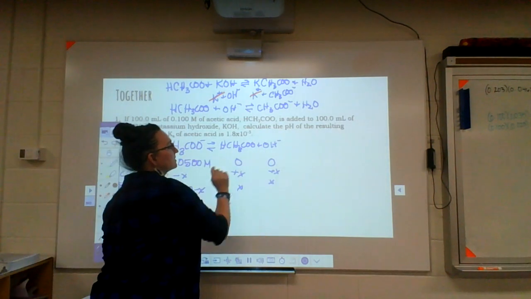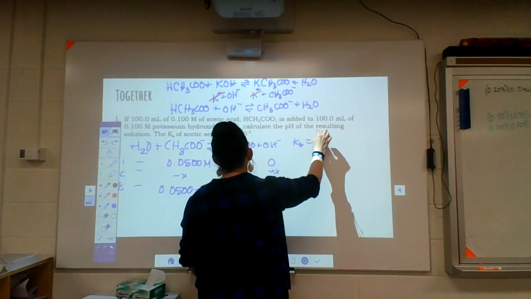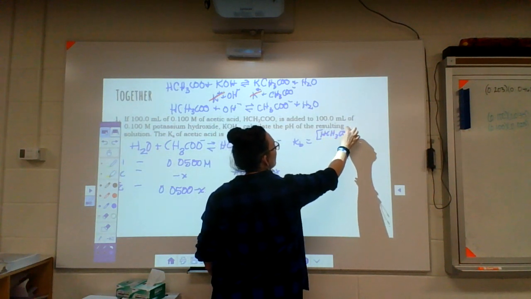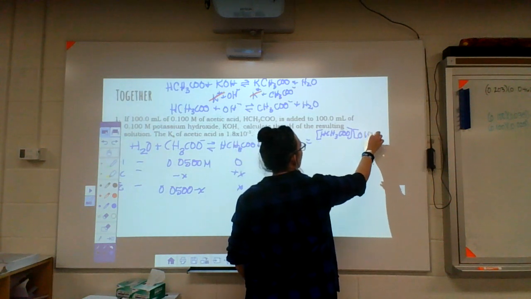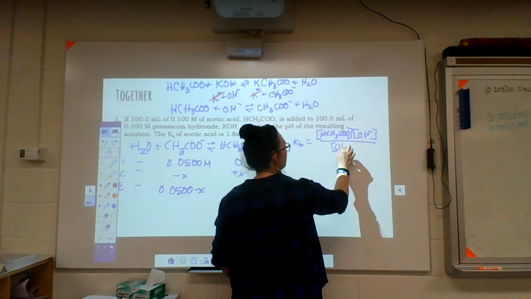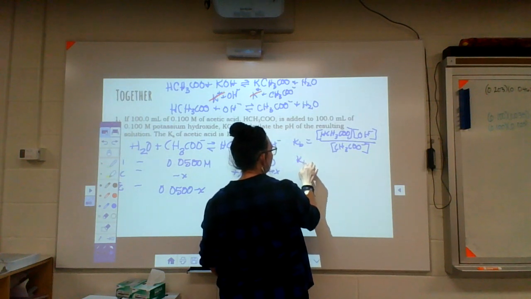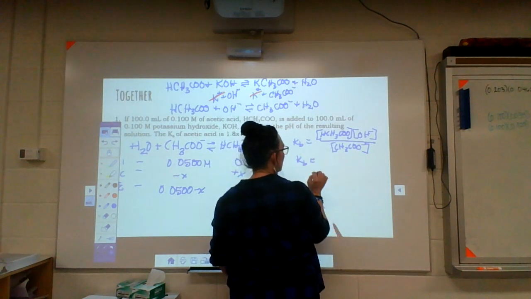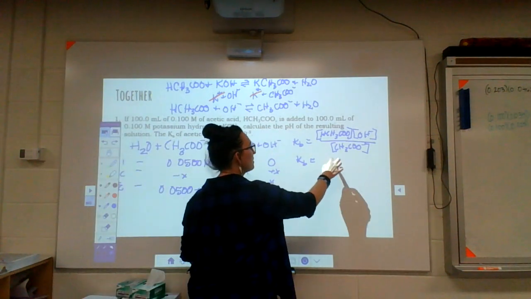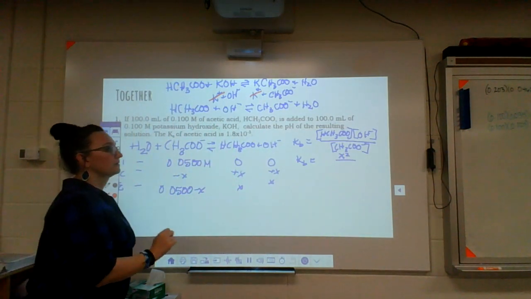And since I have hydroxide here, this will be my Kb expression. So Kb is equal to the concentration of the acetic acid, times the concentration of the hydroxide, all over concentration of acetate. So my Kb is equal to x times x, so x squared, all over 0.05 minus x.